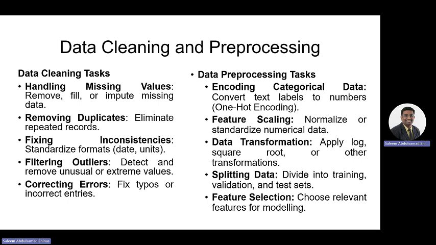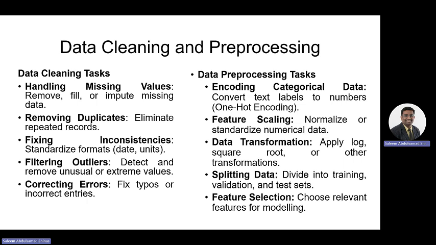Next is checking or removing duplicate records. Usually we add duplicate records if we have a small number of records in our data set. But sometimes, if duplication causes issues, then we have to remove those duplicate records. The next is fixing inconsistency.